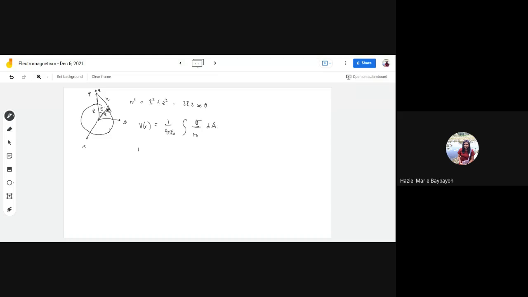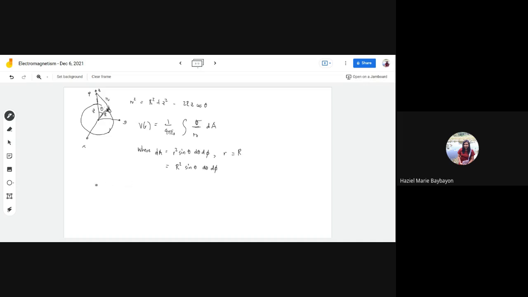Okay, now take note that your dA for a spherical shell, if you take a small infinitesimal area in the surface, your dA is equal to R squared sine theta d theta d phi. And we have a constant R, so your R is just equal to the radius of the shell. Therefore, your dA can be written as R squared sine theta d theta d phi.